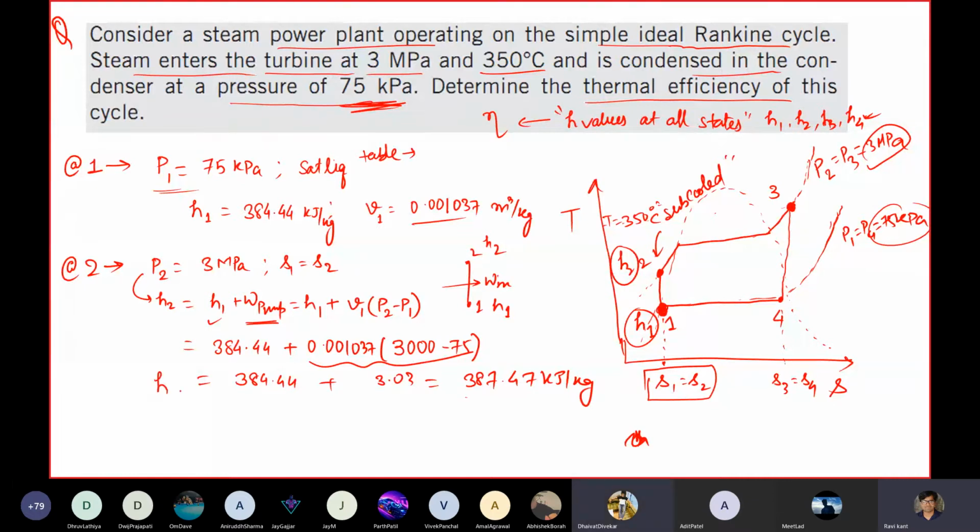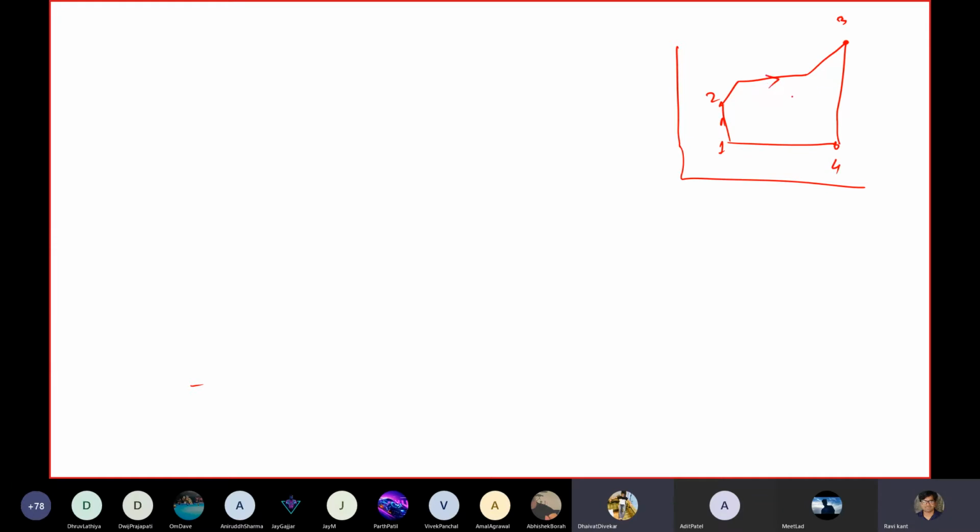So we have deduced our H2. Now H2 is also known. What next? Sir, H3. Right, quite simple to find out. Superheated vapor, yes, good one. So at state 3, P3 is given as 3 MPa, and this state is superheated.